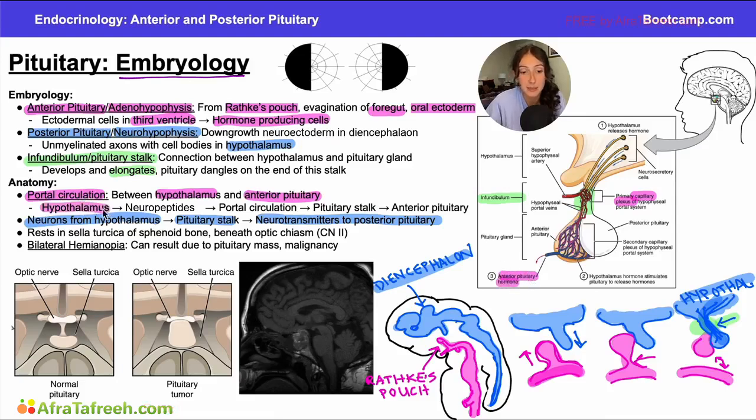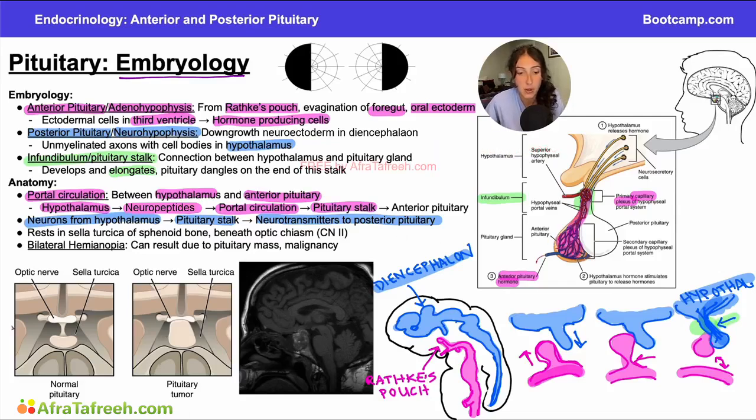So our hypothalamus is going to be releasing these neural peptides or these hormones into our portal circulation. Our blood is going to deliver these neural peptides to the pituitary stalk. We are going to go through the pituitary stalk and then down into the anterior pituitary, and that is how we are going to ensure that we have communication between our hypothalamus and our anterior pituitary, despite the different embryological origins of each of these structures.